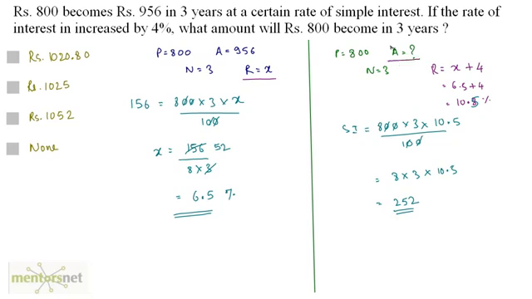Now what has been asked is the amount. Amount is equal to P plus I, that is the principal plus the simple interest. So 800 plus 252, and that's 1052 rupees. So the answer is option C.